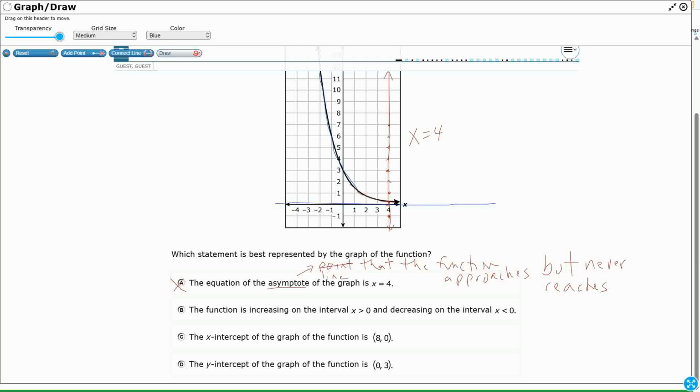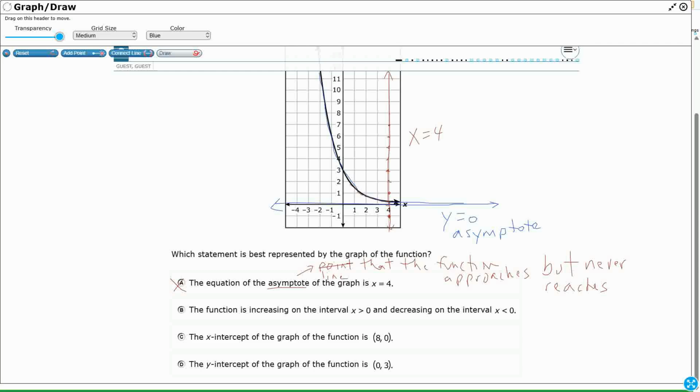If we were to extend this out forever, what we're going to find is that it's the x-axis, y equals 0. This line is going to continually get closer and closer and closer. And if you're graphing this on Desmos, you would zoom in and zoom in and zoom in. It would never reach 0. That's my asymptote. So that is why this is incorrect, because they've identified the wrong line as the asymptote.